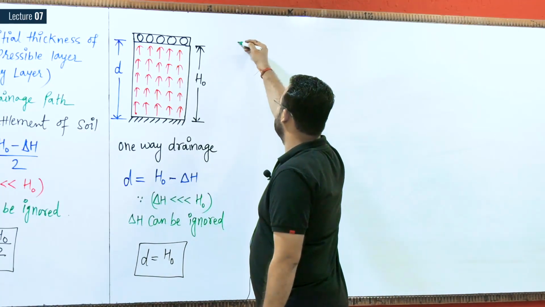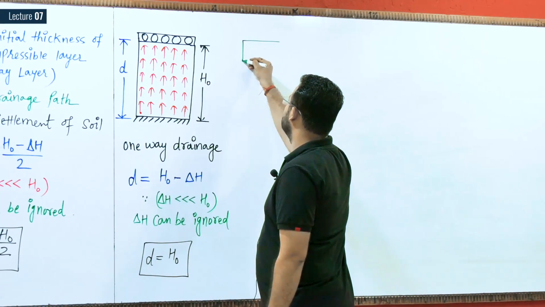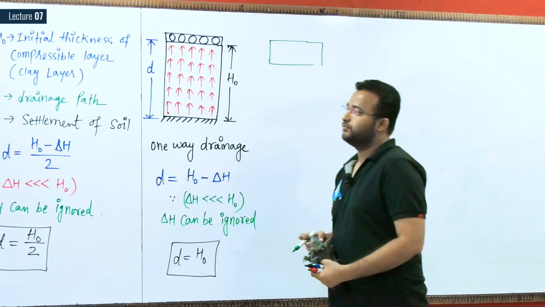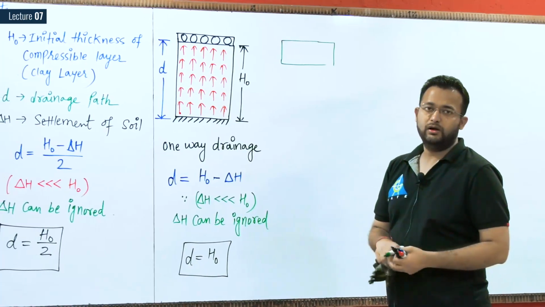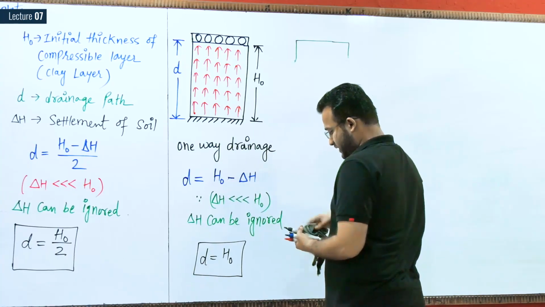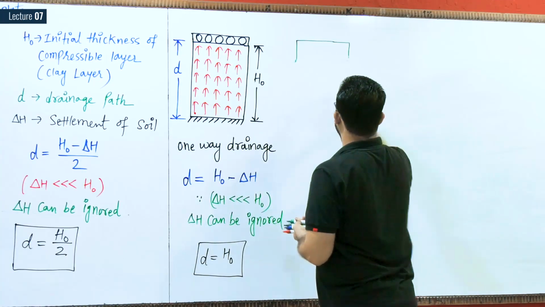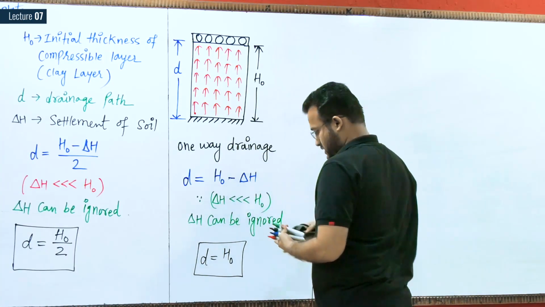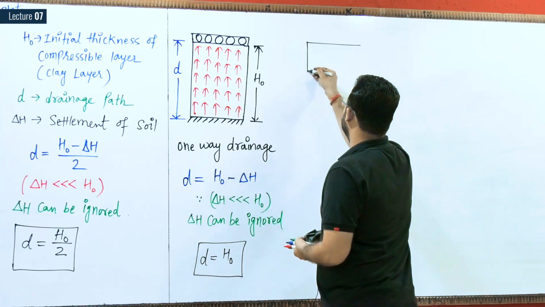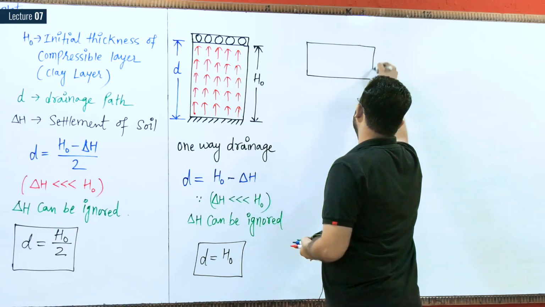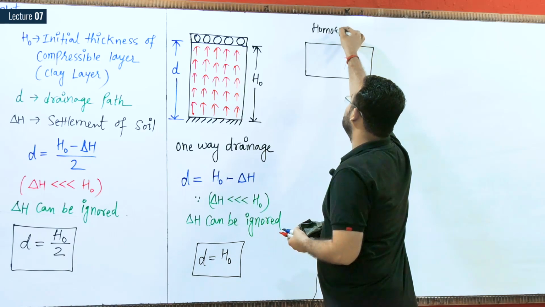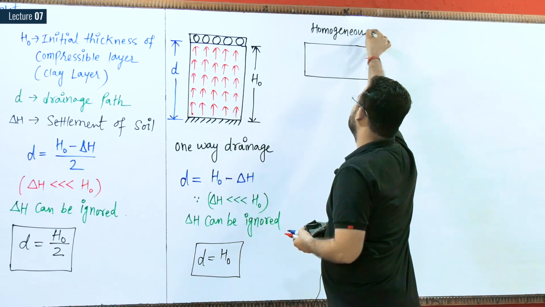Material is homogeneous means, suppose this is one material, and I am telling the material is homogeneous, that means, let me explain properly. If I say this material is homogeneous, what is the meaning?